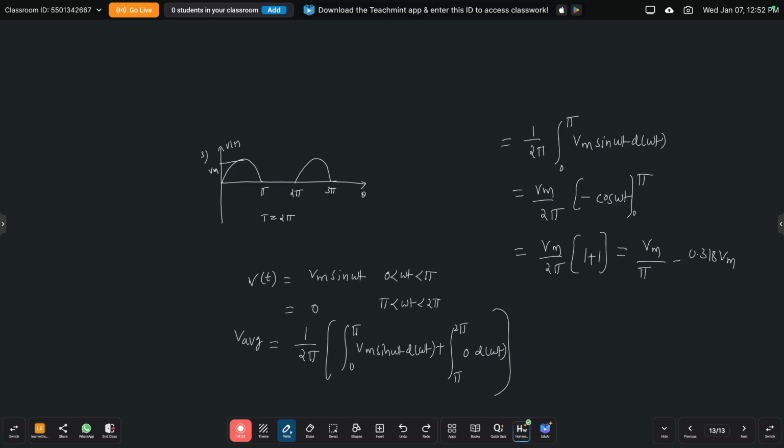In the same way also find the RMS value, the V RMS. So V RMS square I am taking instead of root.